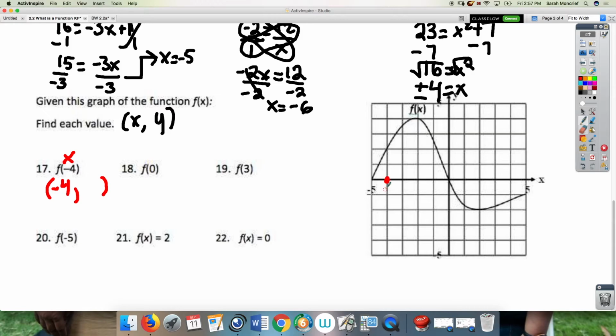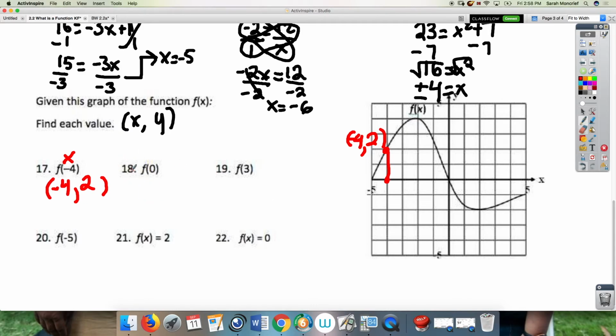We're going to draw a line to meet the curve up, because that's where the curve was. If the curve was down, we'd draw the line to meet it down. But this one's up. What is this point where we met the curve? It's negative 4, comma, 2. So my solution to 17 is negative 4, 2.